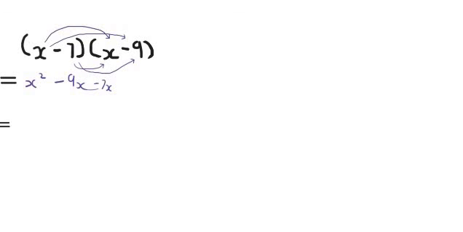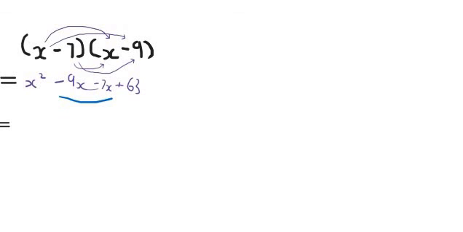Two negatives multiplied by each other will give you a positive answer. And 7 times 9 equals 63. So it'll be plus 63. Okay, so we have to simplify this equation still.